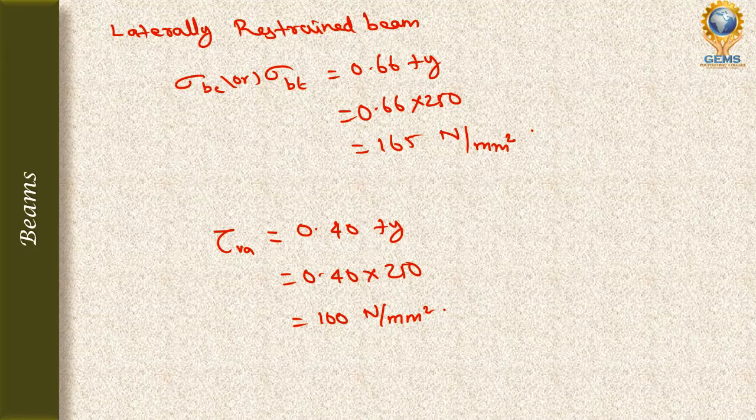So we assumed our allowable bending stress and allowable shear stress as per the code. And one more we have to find out, that is allowable deflection. It is a simply supported beam, so L by 325. What is the L?